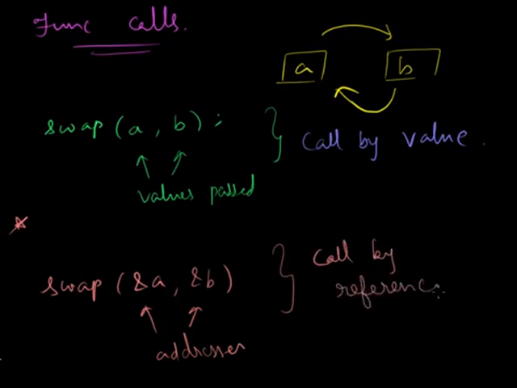You are not giving the value, you are giving the reference, you are giving the address. So from that address you can derive the value. So this call is called call by reference, and when you pass values it is called call by value.